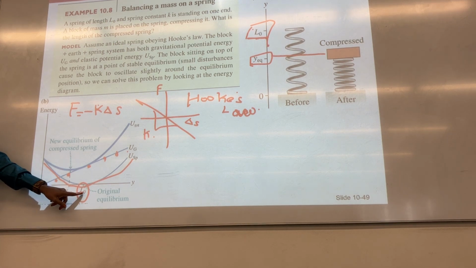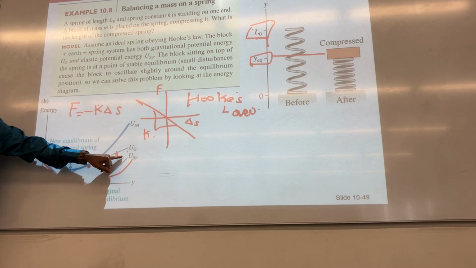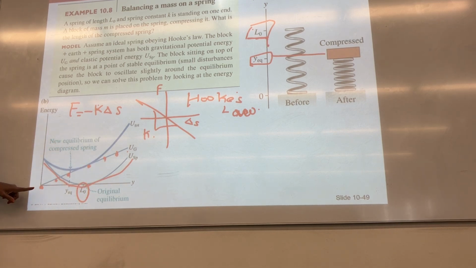So if it decreases, it goes negative. Let's say this is 0, so it goes to a negative. So that's a new normal, or new length of the spring after you press it. So that means that is your potential energy. There is a gravitational potential energy. So the gravity is based on the potential energy increase, decrease, like that.